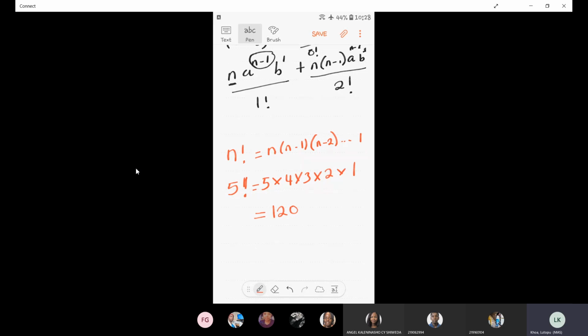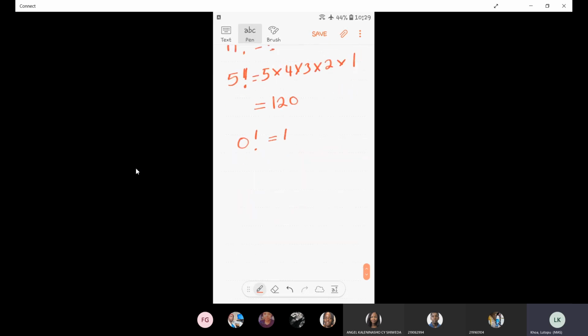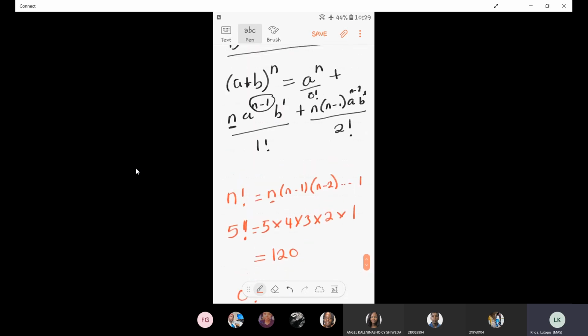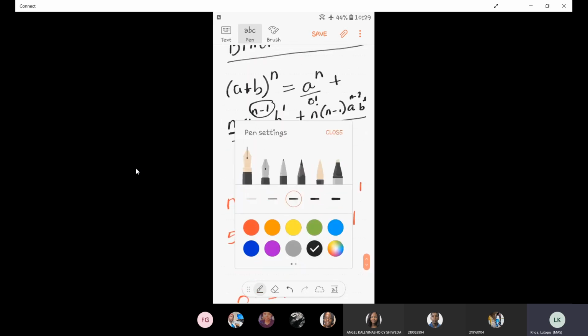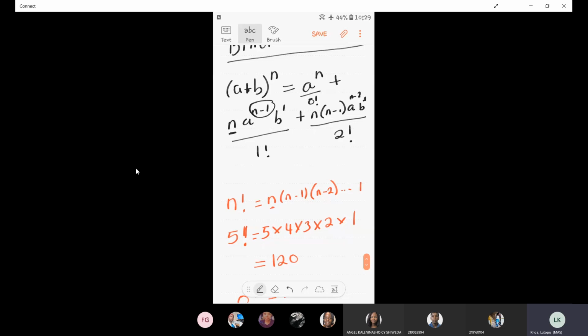Okay, so you start with your n, then you multiply it with n minus 1, n minus 2, n minus 3, and so on until you get to 1. Now 0 factorial is just equal to 1. That's a definition. And then 1 factorial is also just equal to 1. If you didn't know that already, there it is. Now, this continues in the same way.